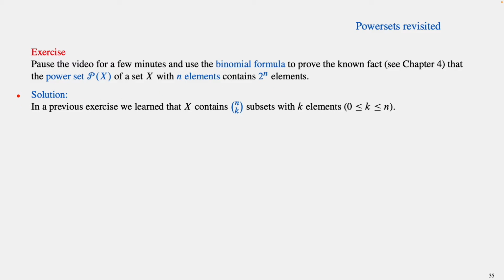Okay, here's the solution. I hope you spent some time thinking about it. It's maybe not completely obvious how to do this. We learned in a previous exercise that X contains n over k subsets with k elements, where k runs from 0 to n.